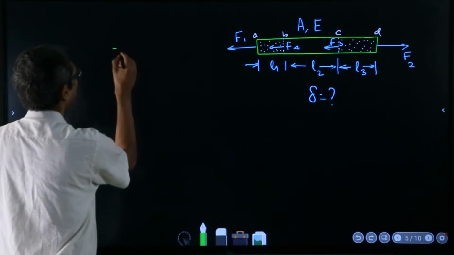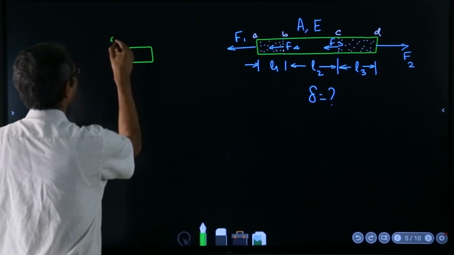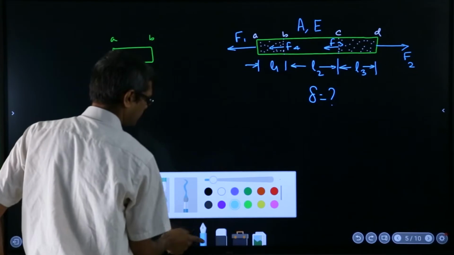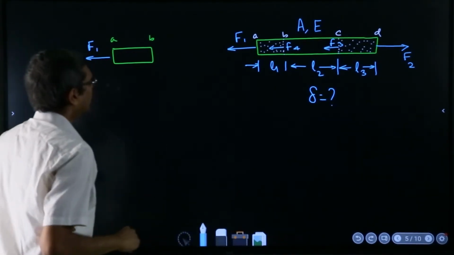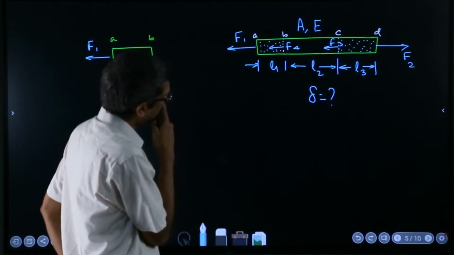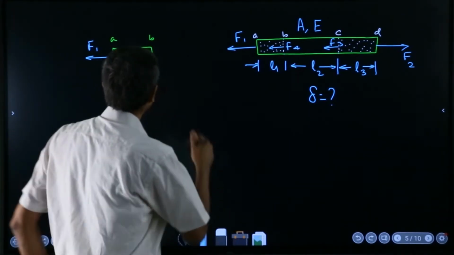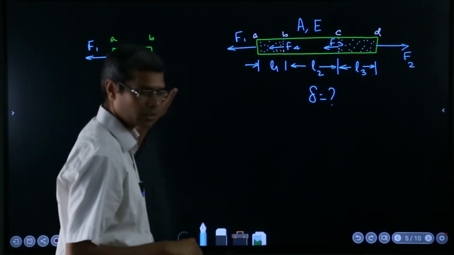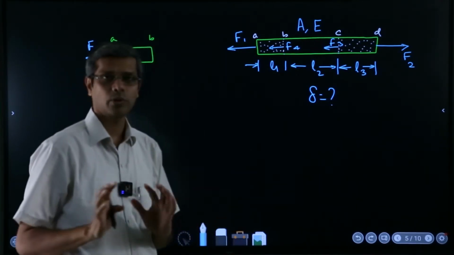Okay, so then let us draw them. Now one is this, from A to B, and this side the force is F1. But then what to do about the force which is coming here? Should we show the force which is acting here, or what should be shown in this free body diagram? This is the most important point in fact.